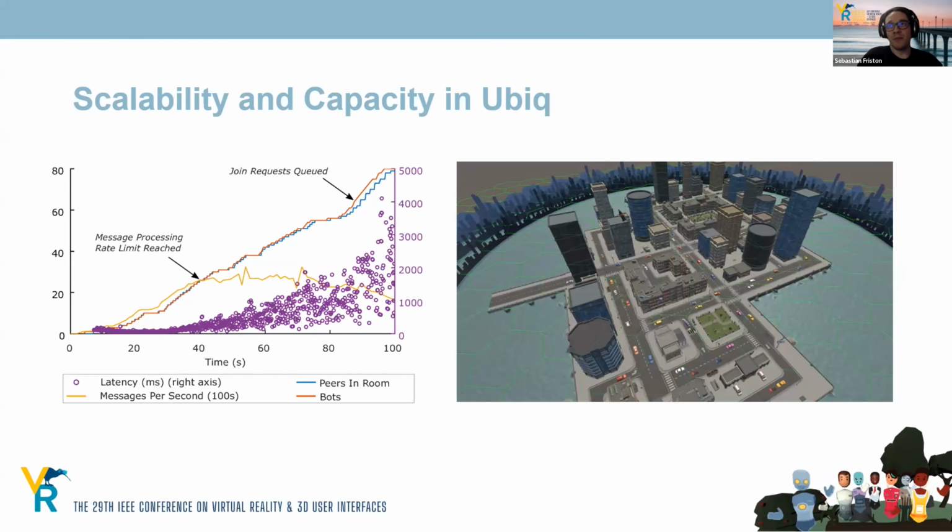To summarize what we know about capacity in Ubiq so far, firstly, all these tests were server focused, which we consider to be the first bottleneck of the system, because this is what we expect the most common configuration to be.